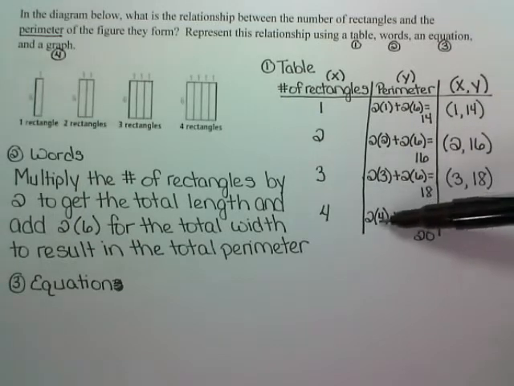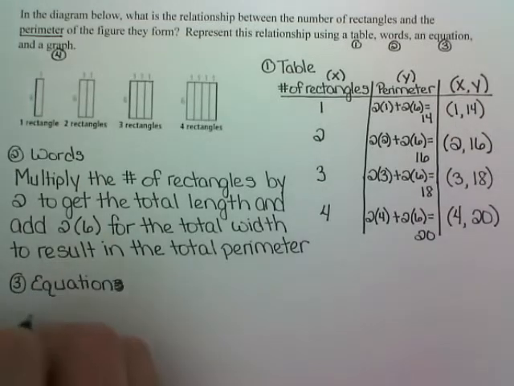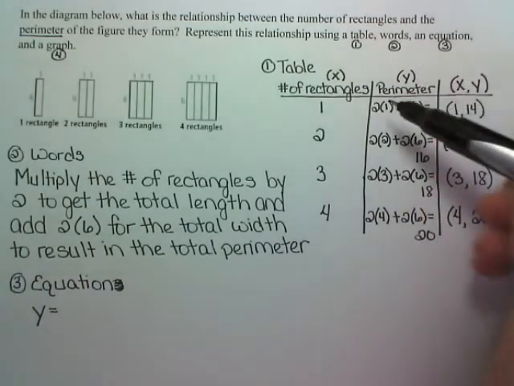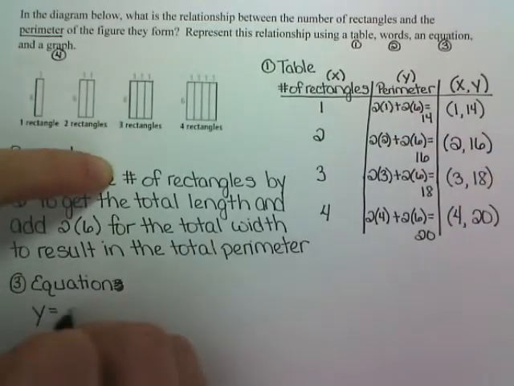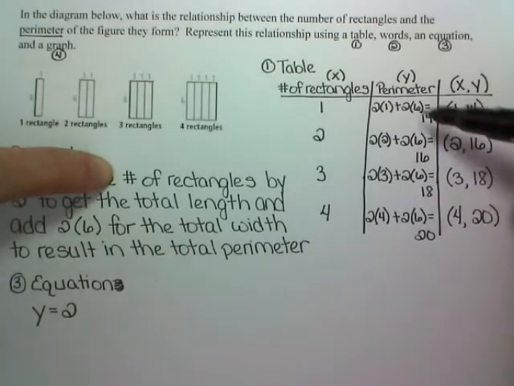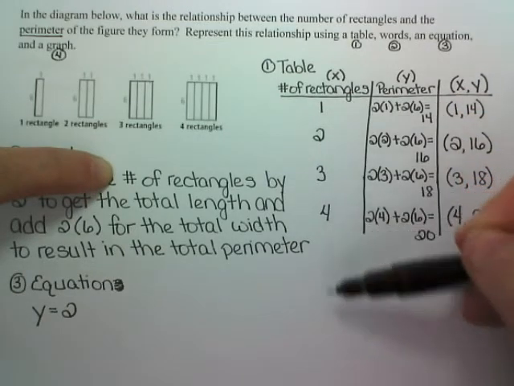It's not staying the same. So to get our y value, because that's what we're trying to find, that's our dependent variable, which is our perimeter, we've got to take 2 and multiply it by the number of rectangles. Well, the rectangles are changing every time. It's increasing by 1 every time. Next it'll be 5, then 6, and 7.